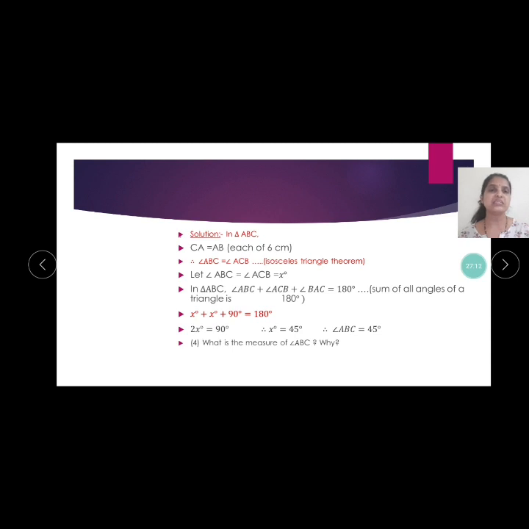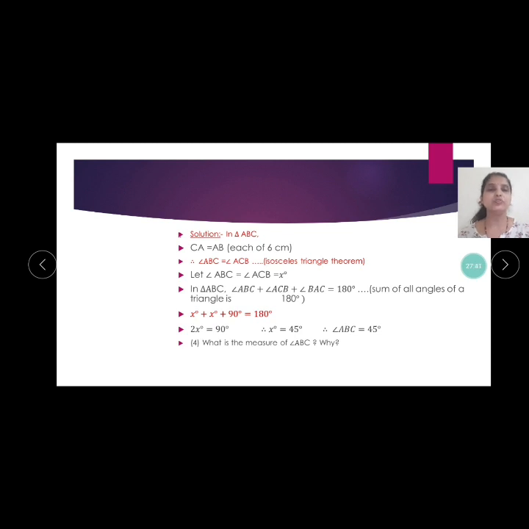For that, CA is equal to CB, each 6 centimeter. So the base angles will be equal. That is angle ABC is equal to angle ACB, right? Now we will suppose that they are equal to x, and apply the angle sum property. So angle ABC plus angle ACB plus angle BAC is equal to 180 degrees. Sum of all angles of a triangle is equal to 180 degrees.